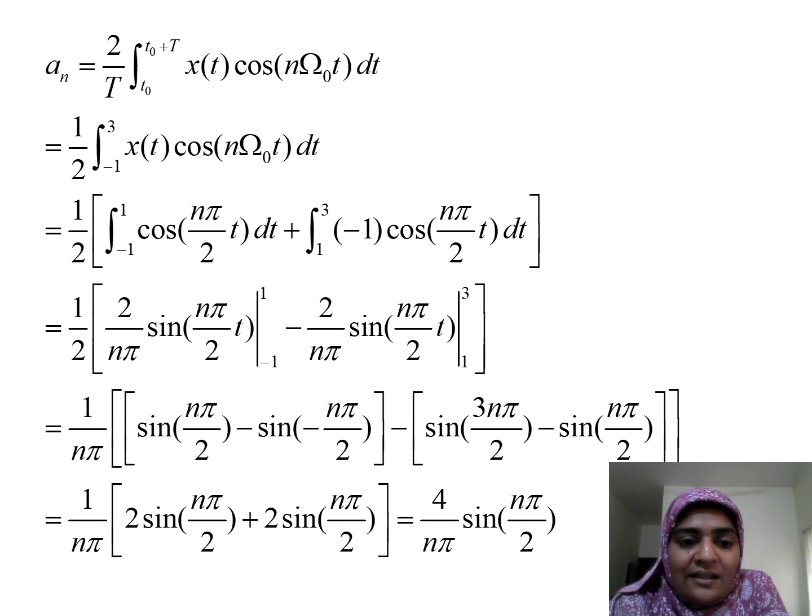So integrating and applying the limits, the integral of cos will be sine, and then substituting the limits, finally we will be getting 4 by n pi sine n pi by 2. So this is the value of An.